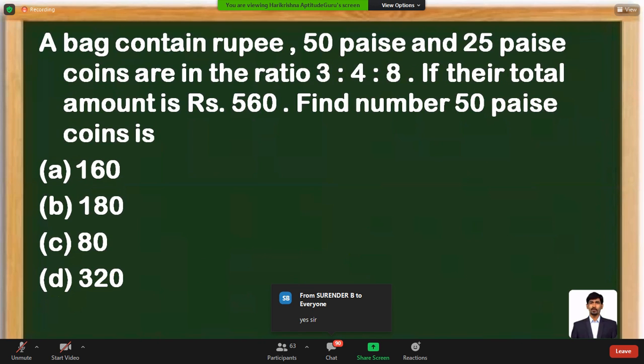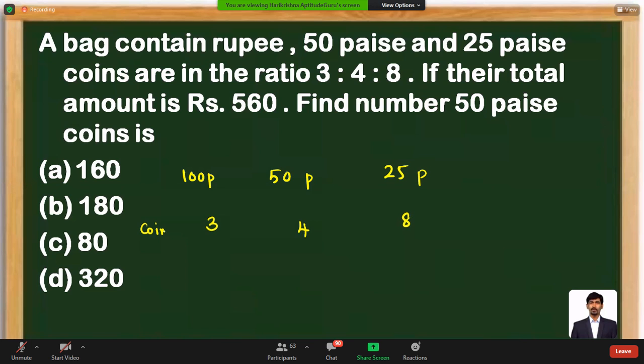Look at the next question. A bag contains 50 paisa, 25 paisa and 1 rupee, that is 100 paisa, coins. These coins are in the ratio of 3:4:8.